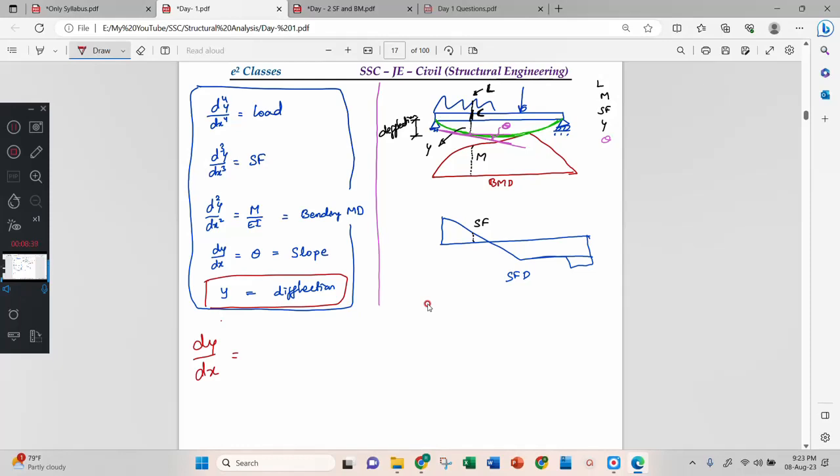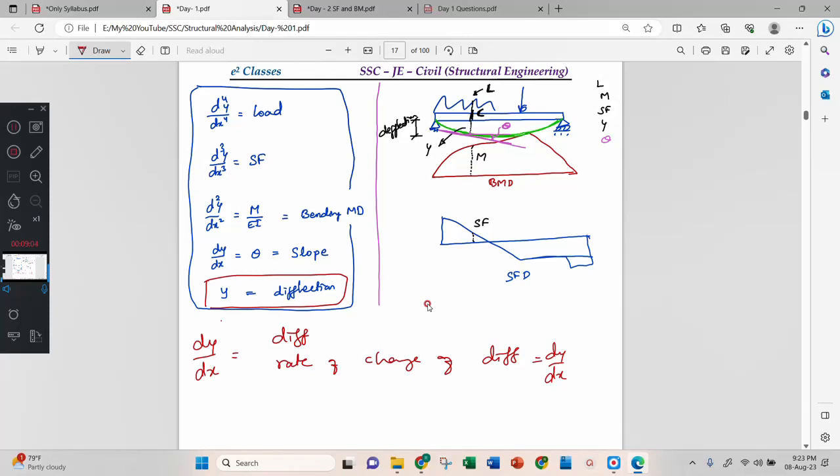Okay, differentiation of deflection. They can also tell you like this: rate of change of deflection. Rate of change of deflection means dy by dx.